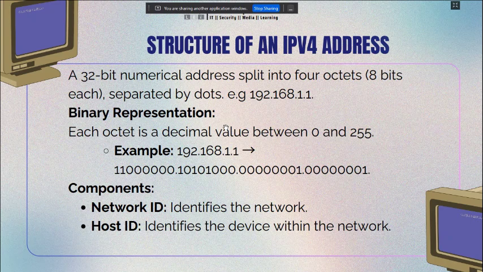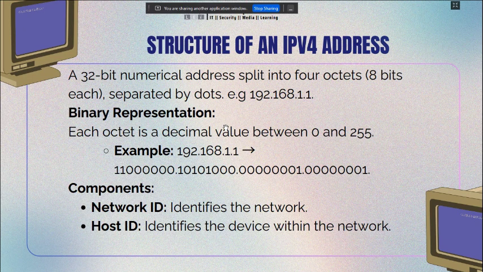So it is split into 4 octets, that's 8 bits each. That means each of the octets is 8 bits, and like I said, a bit is the smallest unit of data.